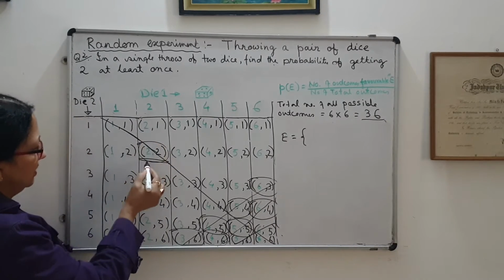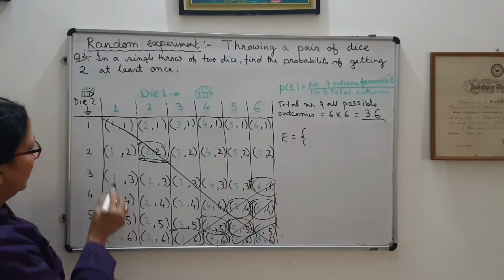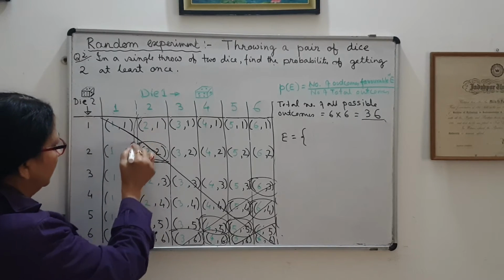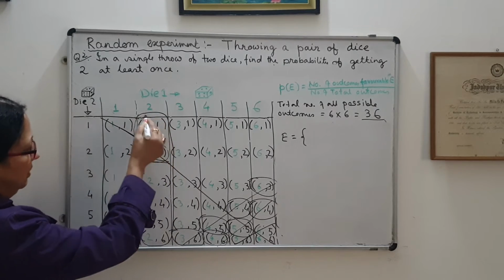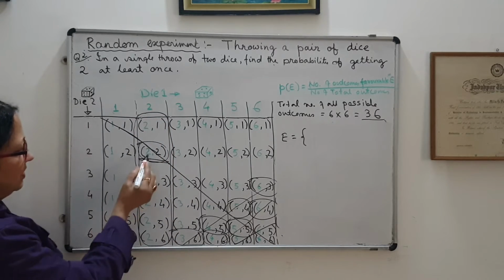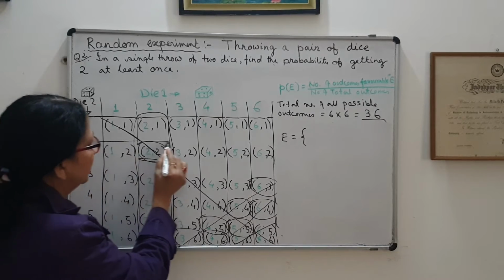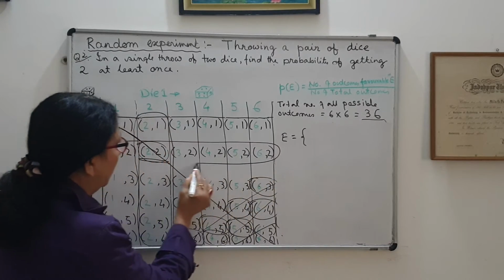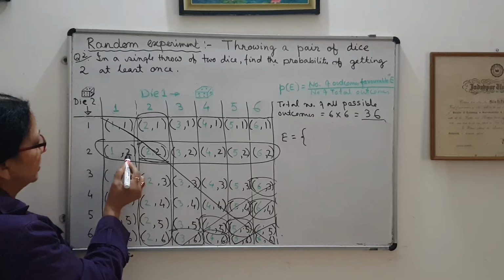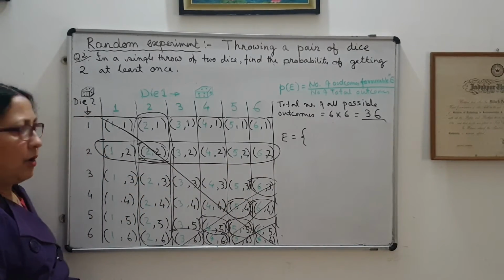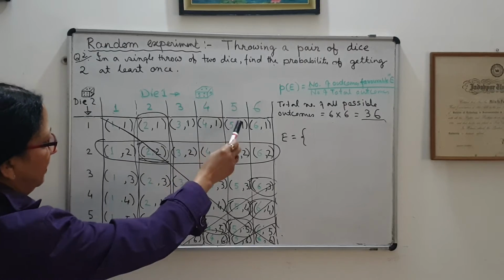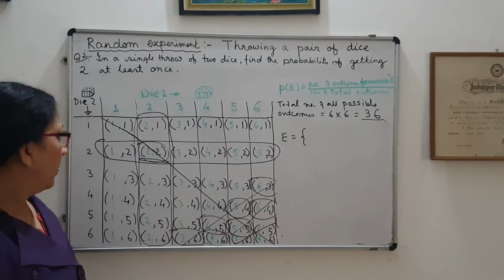Here in this column, 2 is coming on the first die, and in this one on both dice. And if I consider this row, here 2 is coming on the second die. In the rest of the numbers there are no 2.